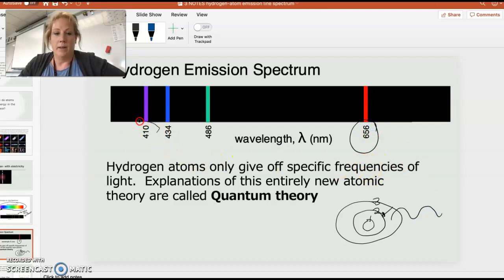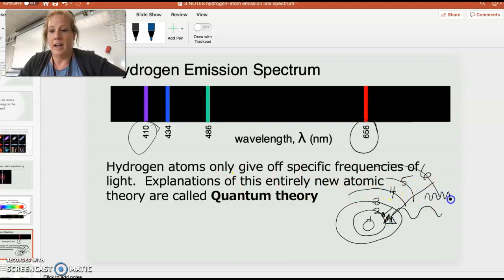When you were in the higher frequencies, that was n equals, so we have 4, 5, and 6. That was 6 down to 2, gave you that really high frequency violet color. So only certain colors are allowed because only certain energy transitions are allowed for the electron.